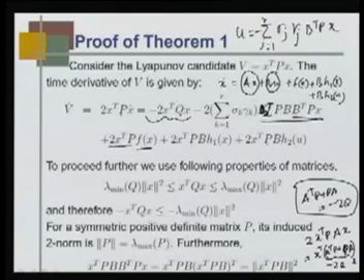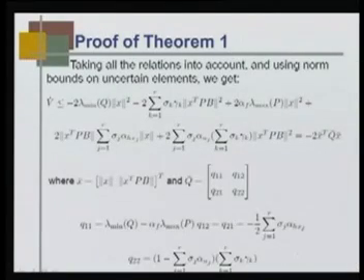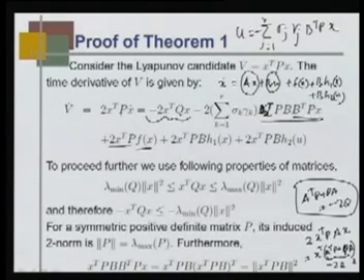This is matrix theory. So, taking all the relations into account and using norm bounds on the uncertain elements, we get, now, earlier we got V dot is this. Using the norm bound means this is less than this quantity. Similarly, we can find this is less than its own norm bound, this is less than its own norm bound, and this is less than its own norm bound.